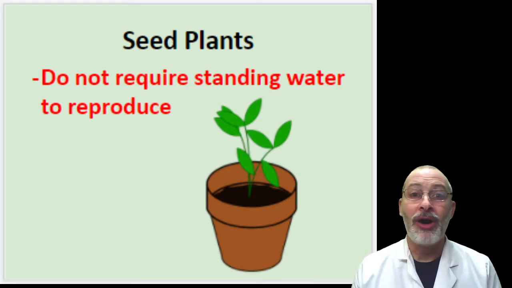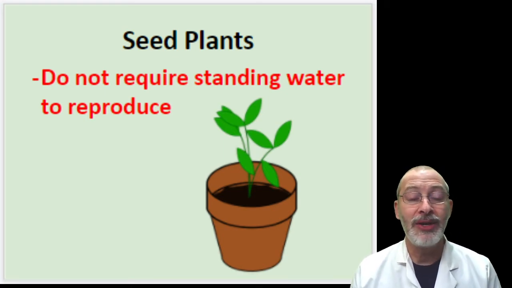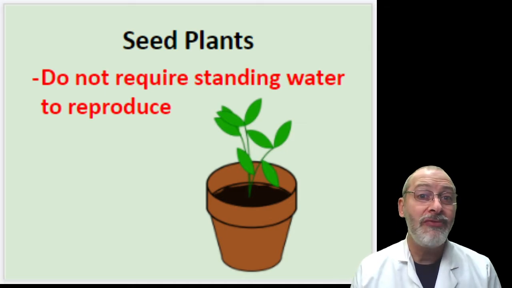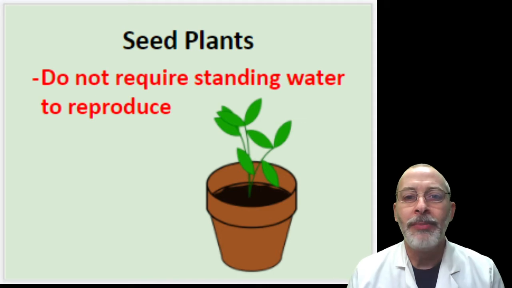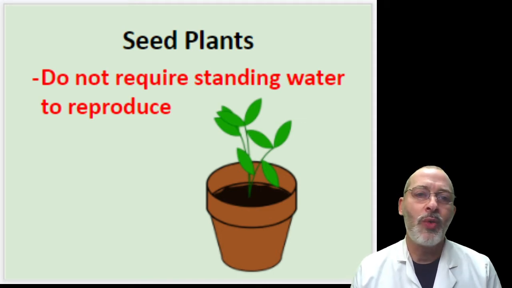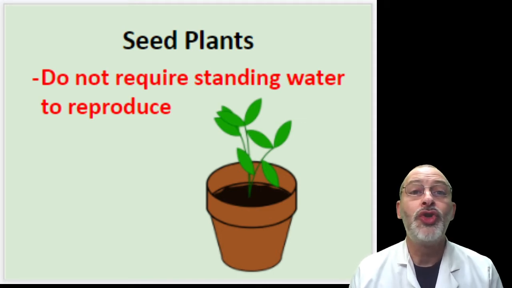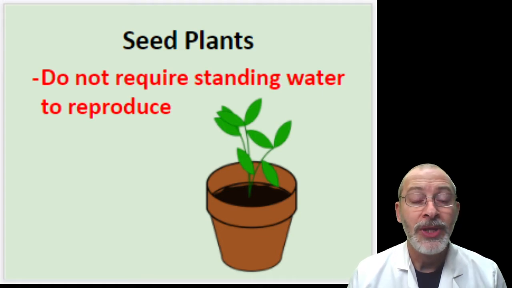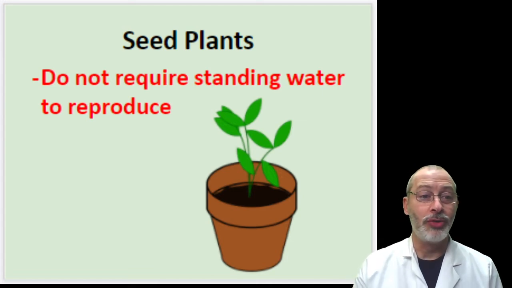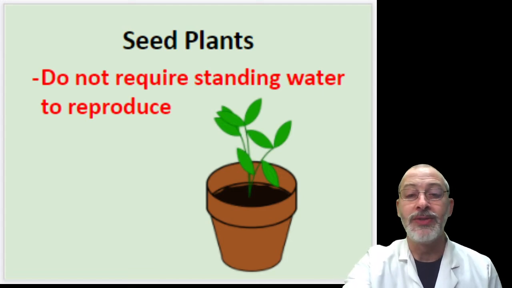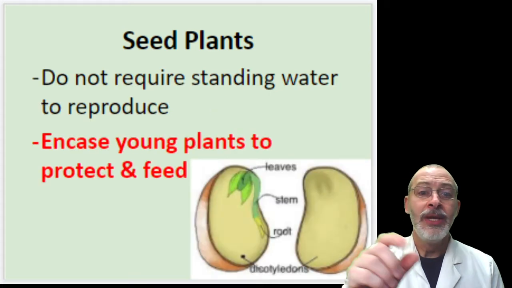Now, I know there are some seed plants that grow in aquatic environments, say lily pads, for instance, but most seed plants do not require standing water to reproduce, which is unlike some of the primitive plants we've talked about before. This is one of the great adaptations of seed plants.